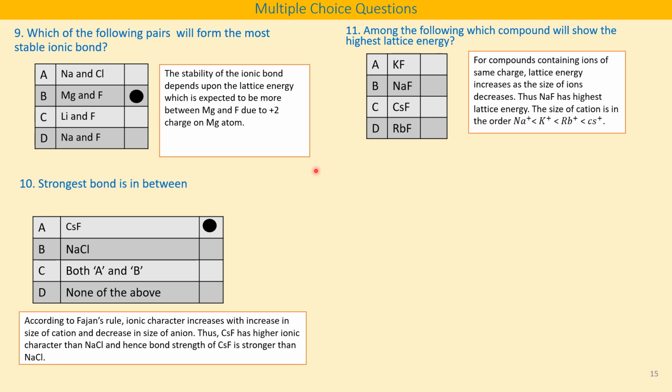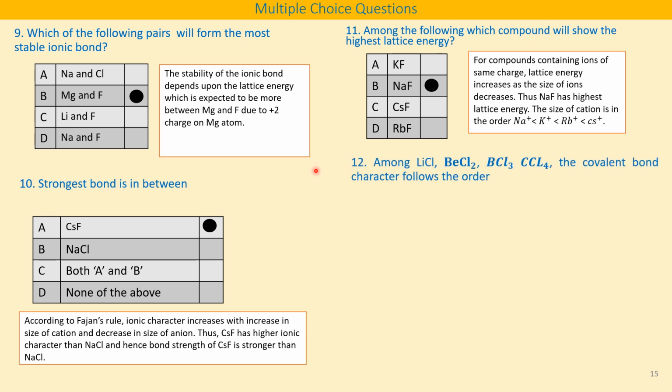Thus, NaF has the highest lattice energy. The size of the cation is in the order Na+ less than K+ less than Rb+ less than Cs+. So the correct option is NaF, that is option B. Please mark it.